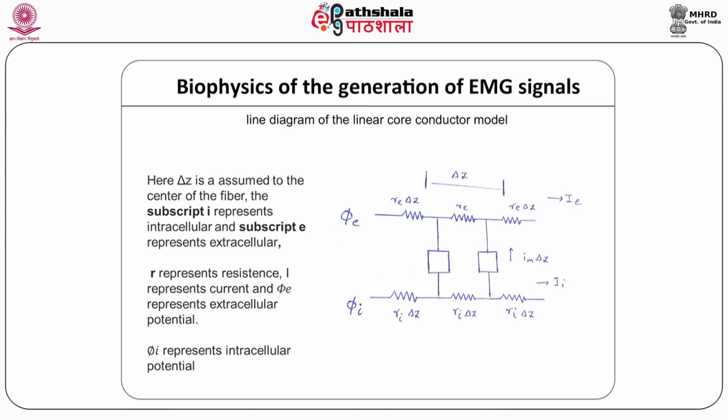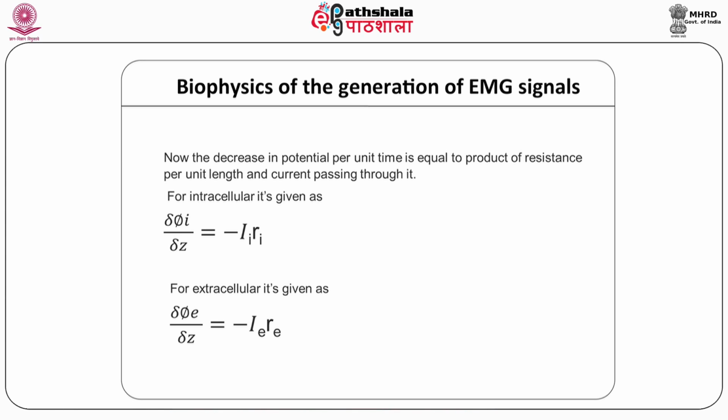Now, the decrease in potential per unit length is equal to the product of resistance per unit length and current passing through it. In the following equations as given in the module, the intracellular is given by one equation and extracellular is given by the later equations.